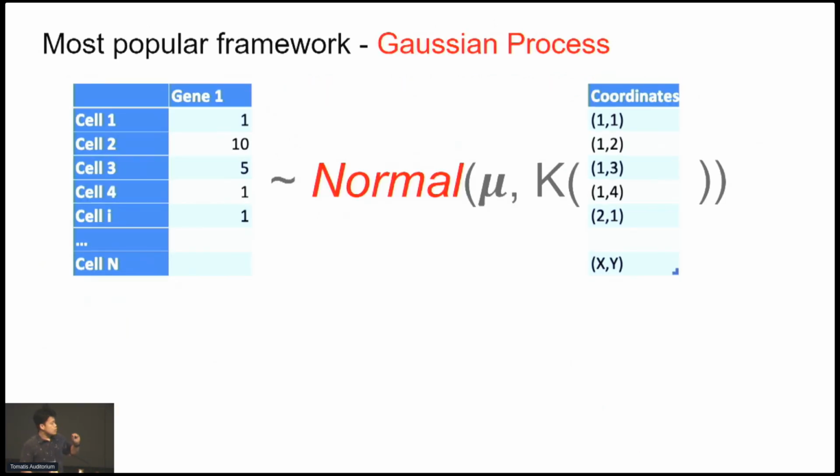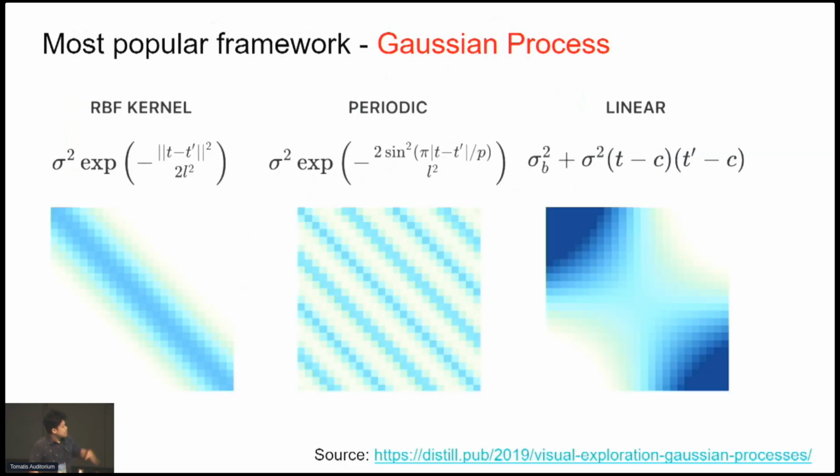You assume that data collected within a close distance are correlated, so you use a covariance matrix with different kernels to capture the spatial expression. Here is a visualization of how you can use different kernels or specifications to capture that spatial variation.